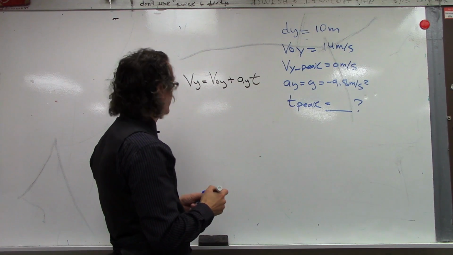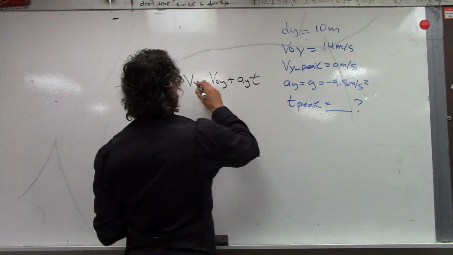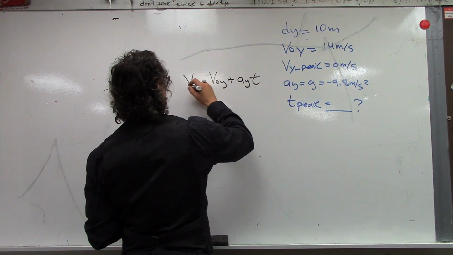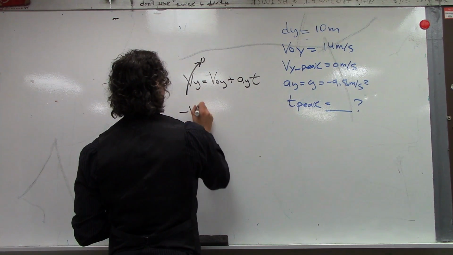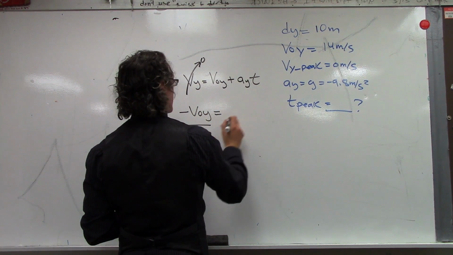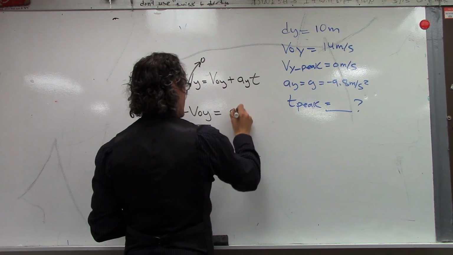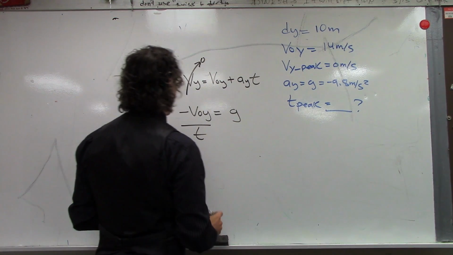Solving for t, right? Well, let's see. Is anything 0 that we can knock out? Yeah, this would be vy peak over here. So that's 0. So we have negative v naught y over ay, which is g, and that's going to be negative 9.8.